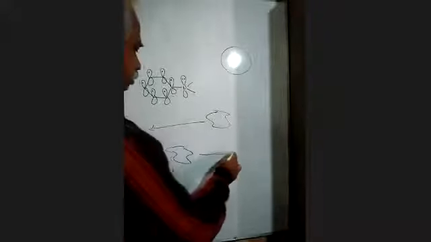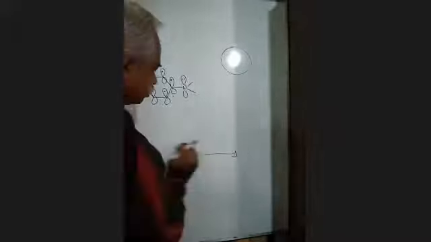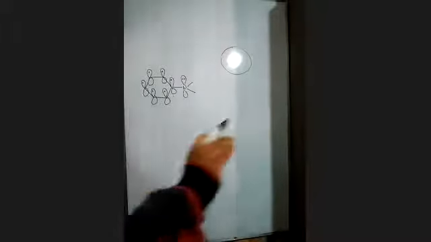Suppose in the sky, if one cloud is here and another cloud is here, can they merge? This cloud will move in this direction, this cloud will move in this direction. So this cloud can never merge or mix with this cloud. You just think they are electron clouds. So in this case also, resonance can occur only if they are in the same plane.